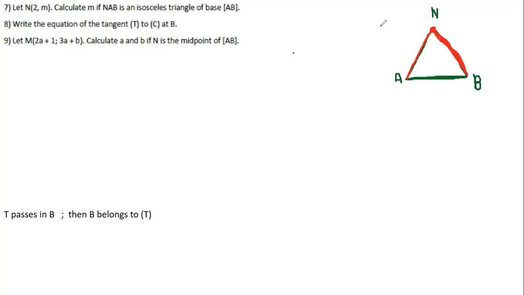Yes. So to calculate M, we should start from here. Since AB is the base, N will be the special vertex. So I will have NAB is an isosceles triangle of vertex N, then NA will be equal to NB. Can we calculate NA or we cannot calculate it, guys?